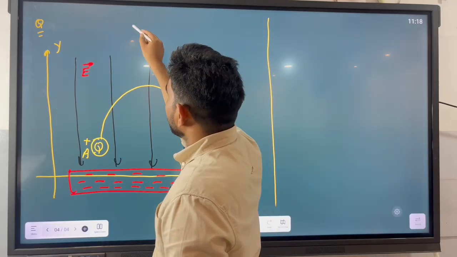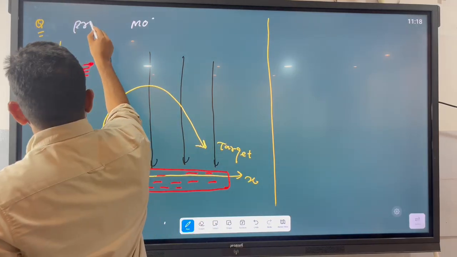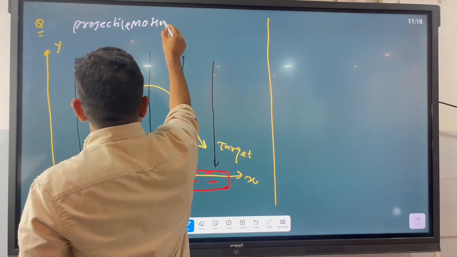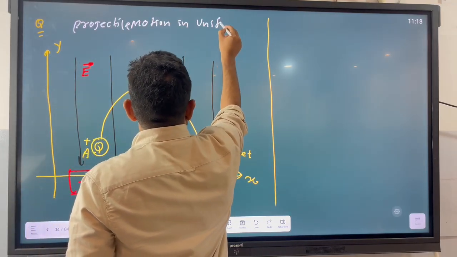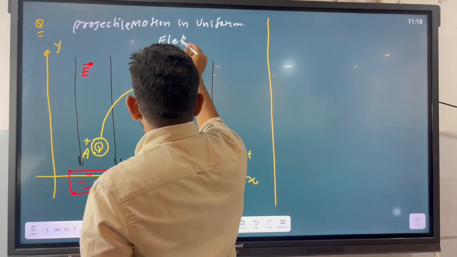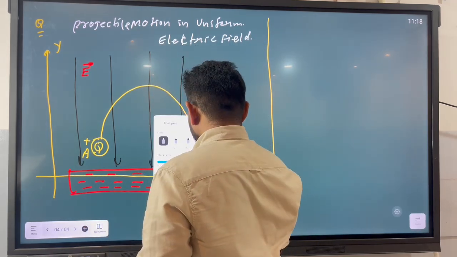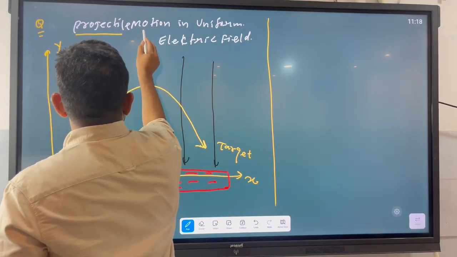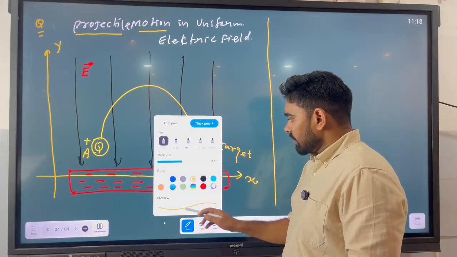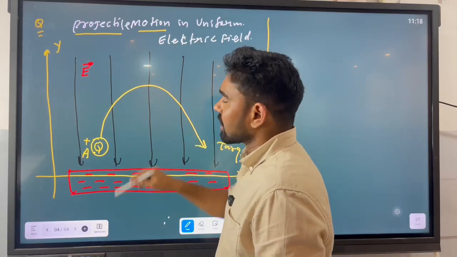This is a problem of projectile motion in a uniform electric field.